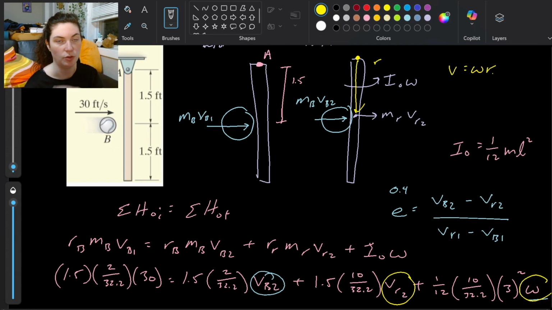I can't relate it to the ball. So I need to get rid of that ball aspect, put it into rod, and then finish out our problem here. Right, so my VR2 equals omega times R. For here I'm going to have VR2 equals 1.5 omega.